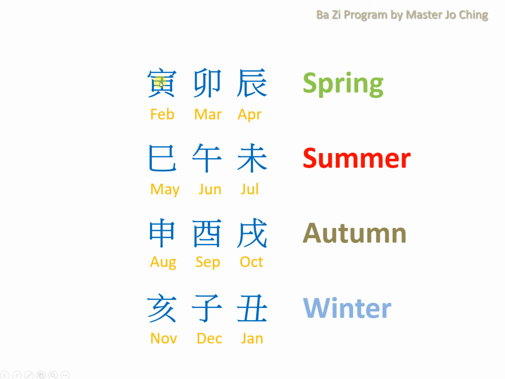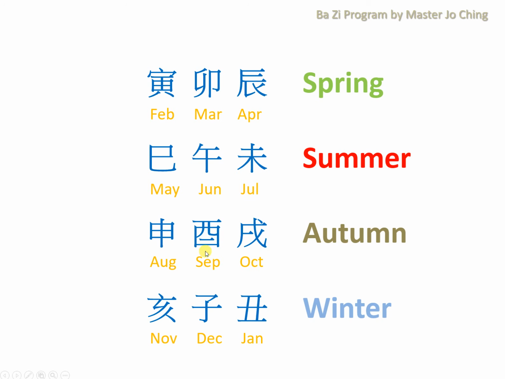Of course, you can add your own animal sign labels here if you wish, to help you memorize easily. Like this is tiger. Instead of calling it 卯, I call this rabbit. And this is dragon. Recap: 巳 is snake, 午 is horse, and this is goat.